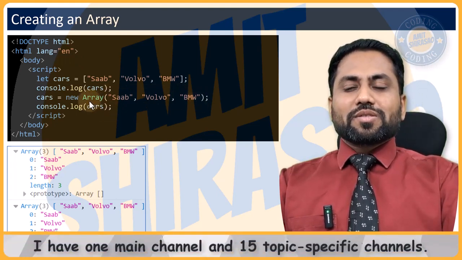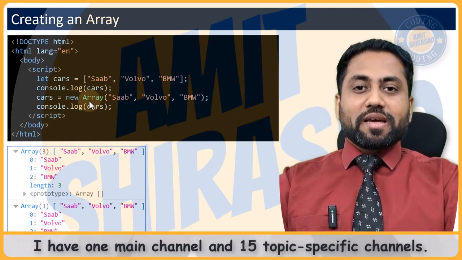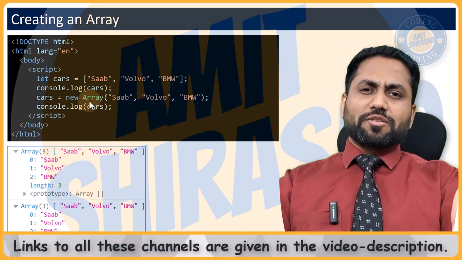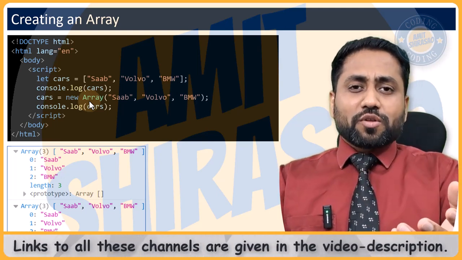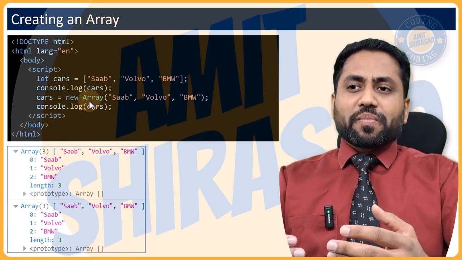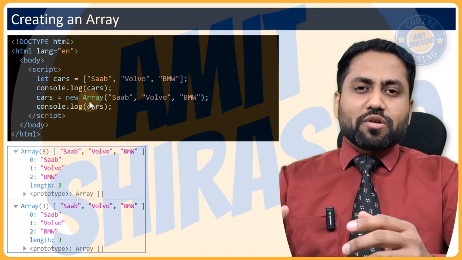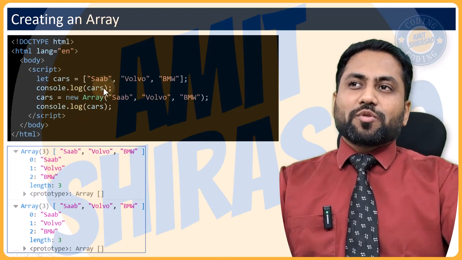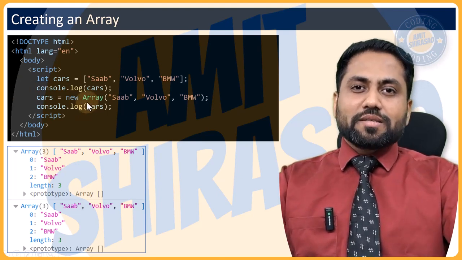So this is as if you're using Array like a class. In object oriented programming everything is an object, right? So the template of an object is called a class. In object oriented programming, normally people love to use classes, and that's the reason why JavaScript also allows you to create arrays like this.